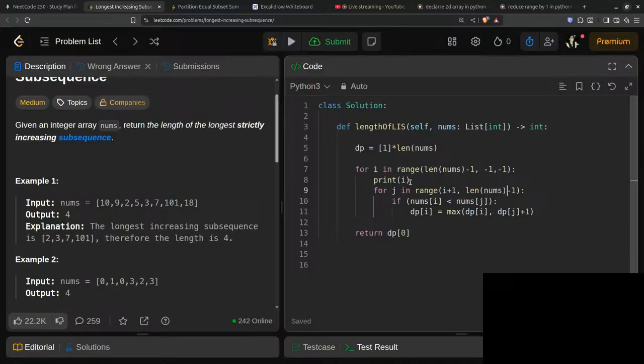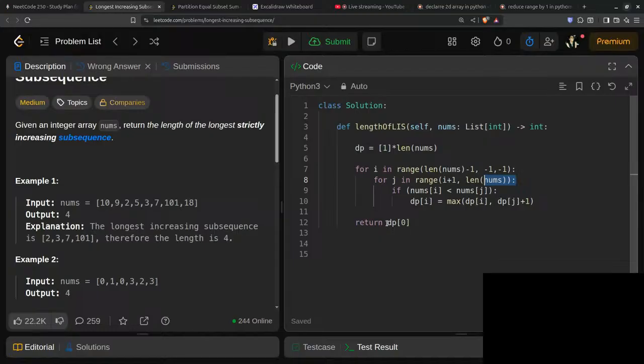Let me see. This is fine. I don't know about this. This makes sure it stops at 0. Oh, it only returns DP of 0, which is not correct.